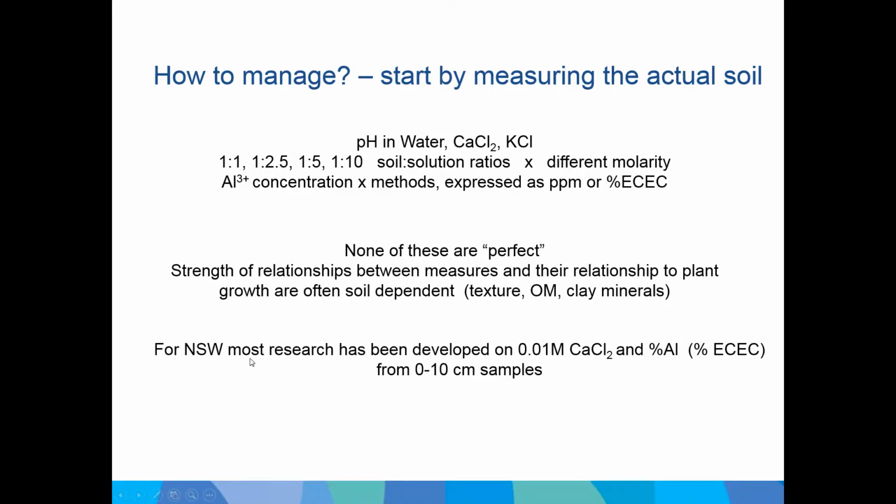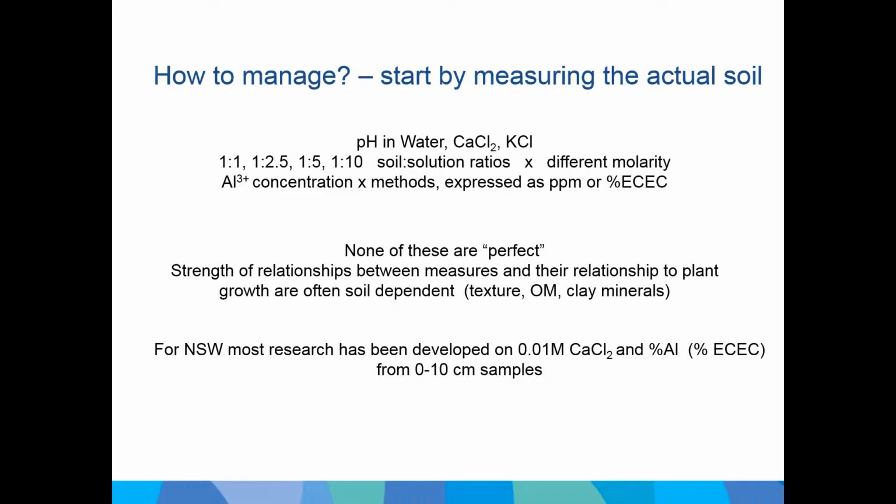For New South Wales, most of the research that was done has been developed on 0.01 molar calcium chloride, so the pH is measured in that, and aluminium percentage, the percentage of effective cation exchange capacity, is what we tend to think about in terms of whether we are getting to a harmful value that's going to limit plant growth.